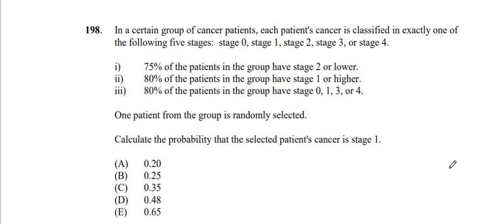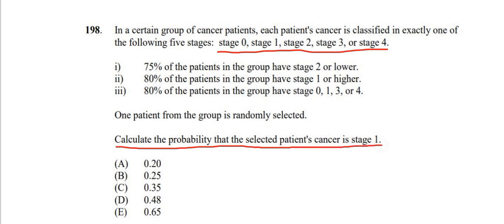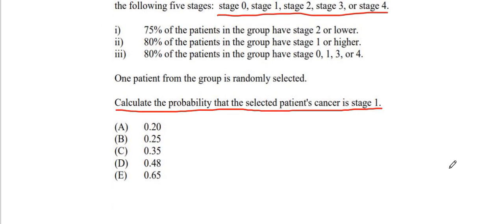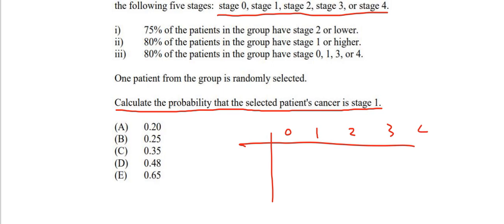So for this problem, we have 5 stages, and what we want to find is the probability that the patient is in stage 1. So we want to find the probability for stage 1. The stages can be 0, 1, 2, 3, 4.